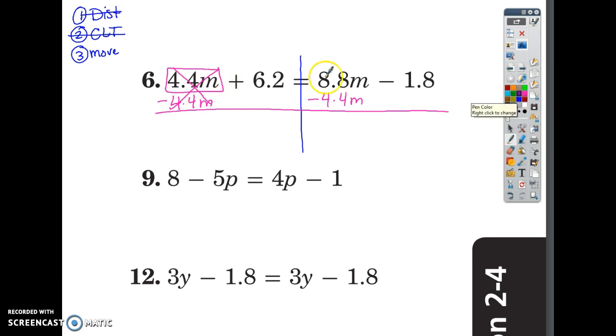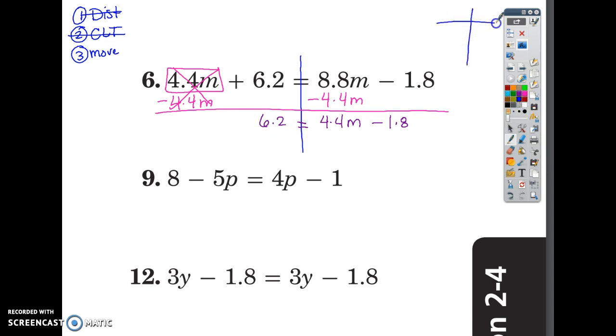When you subtract these, you get 4.4 M. Bring everything else down, that's minus 1.8 equals 6.2. And then we're going to do do as the last step.